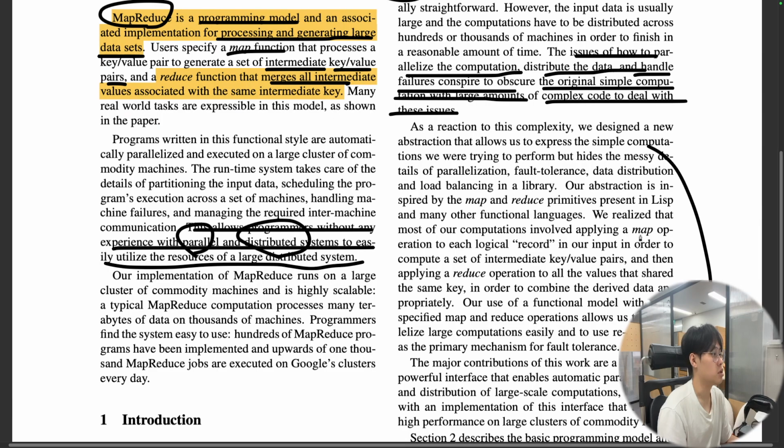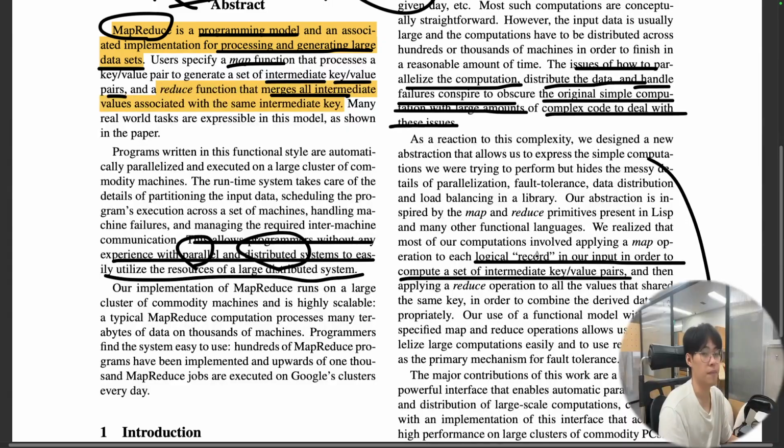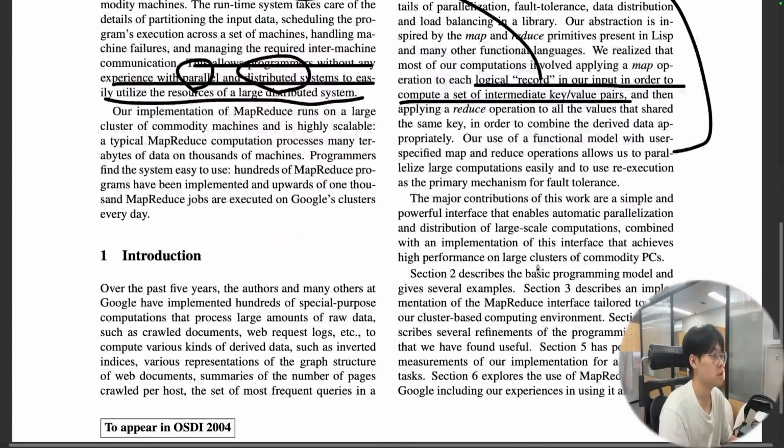It also talks about the map operation applied to each logical record in our input in order to compute a set of intermediate key pairs, and that is already explained in this part here. It's simple, and so we can just use normal commodity pieces rather than buying really expensive computers.